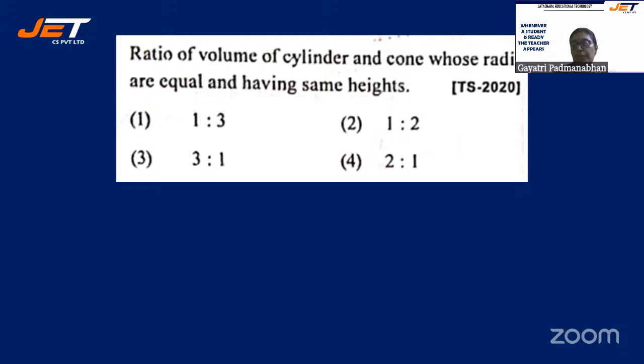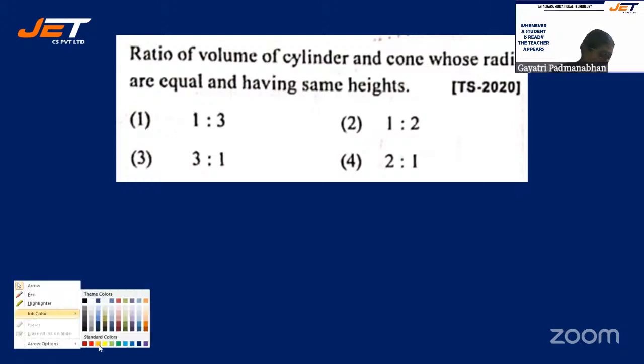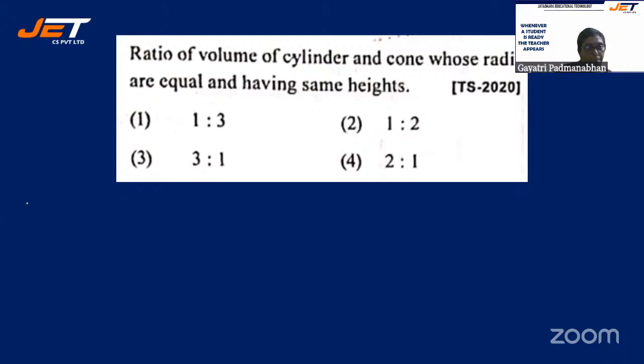Ratio of volume of cylinder and cone whose radii are equal and having same heights. So in this, we have to take volume of the cylinder. What is volume of cylinder? Pi r square h.